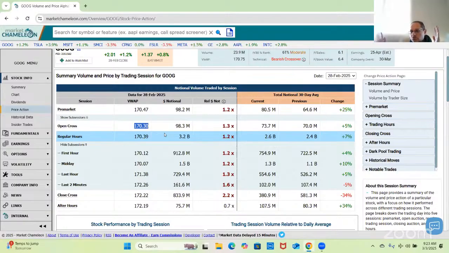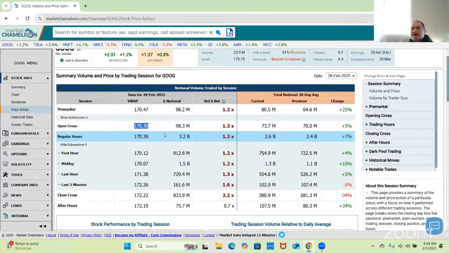Like a capitulation or covering. Somebody had to cover their short, or they were forced. Sometimes shorts are forced to buy the stock because of Reg SHO rules, right? If you're short a stock, you have to borrow it from someone.